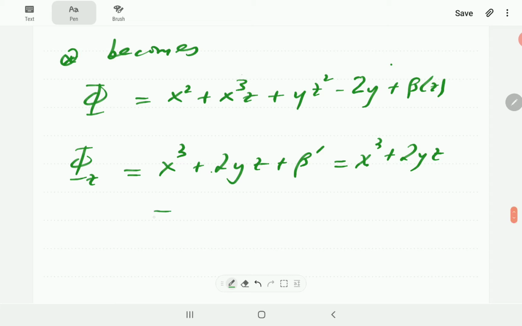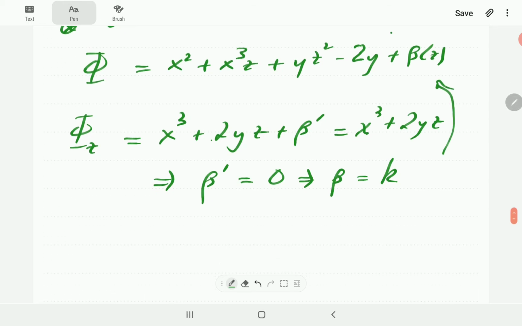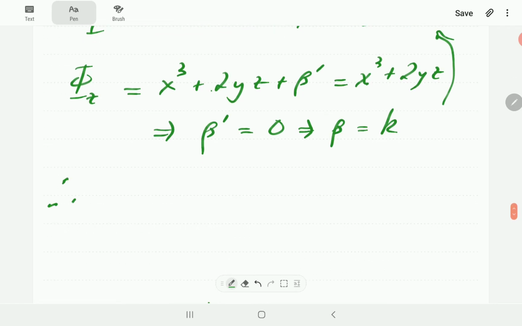So that must be equal to x cubed plus 2yz. Then this is telling us that actually beta prime is 0 because the other two terms balance out. If beta prime is 0, it tells us that beta must be a constant because beta is a function of one variable. So if we integrate that, we're just going to get a constant. So if we go back to this now and plug in beta, we finally have our phi.